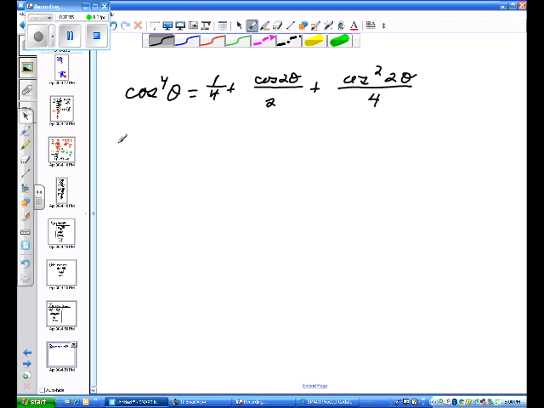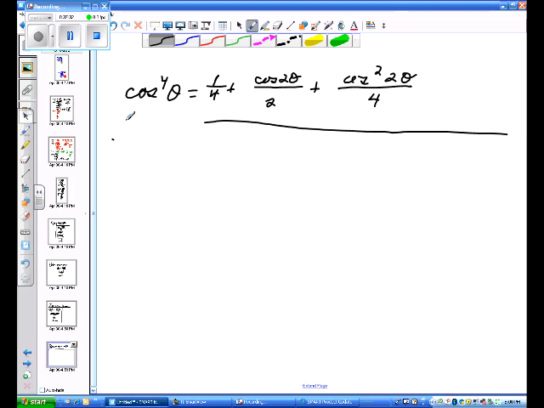Now, we might be able to go through and work with this by saying that's the cosine of 2 theta 2 times or something along that line, but I'm not sure how we would work with this side to make it look like this side.